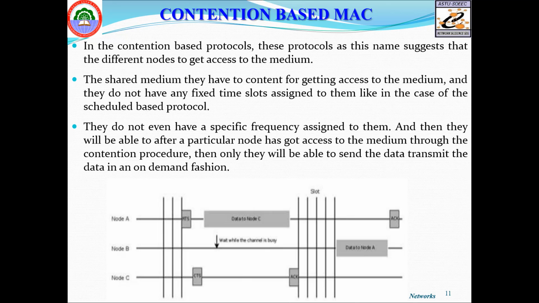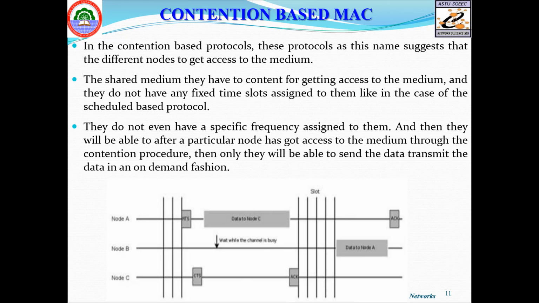Let us consider an example. We have three nodes: A, B, C. Before transmitting data from node A to node C, let us assume that node A is the source and node C is the destination. A first has to contend for access to that medium.